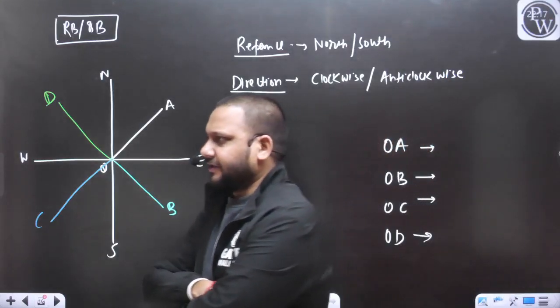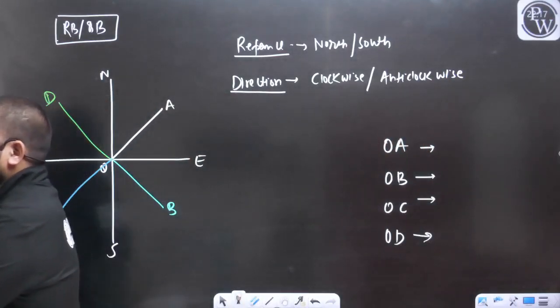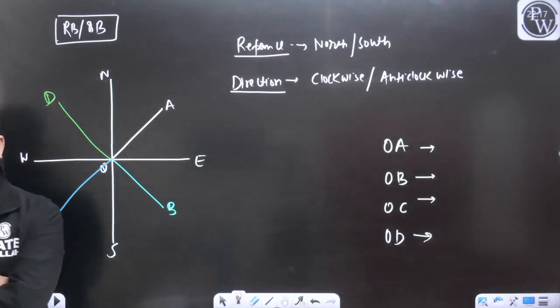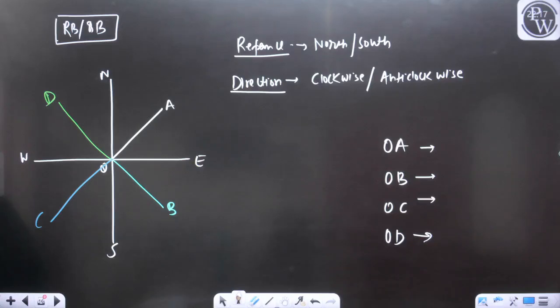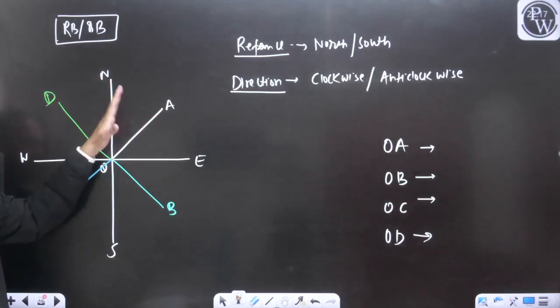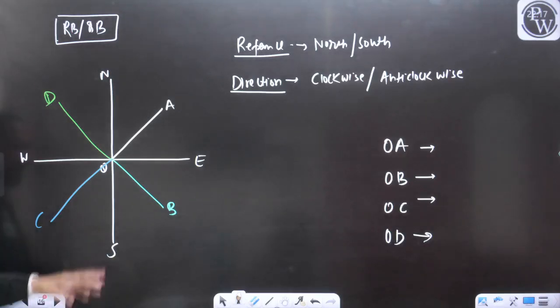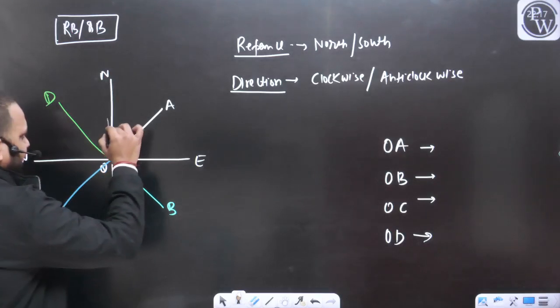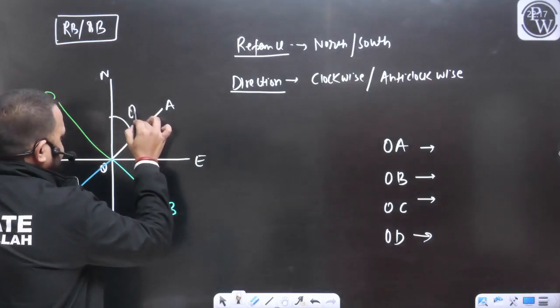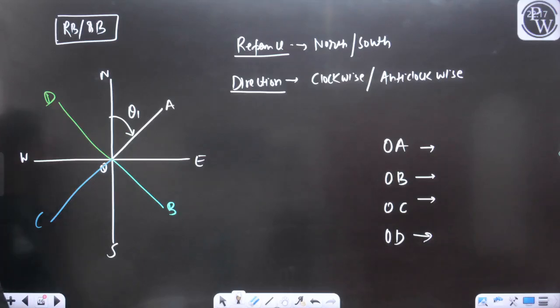What will be the reference for defining the bearing of the line OA, north or south? So let's check. Is this line OA near from north or near from south? We can say it is near from north. That's why we are going to measure this angle. Let's say this angle is theta 1.